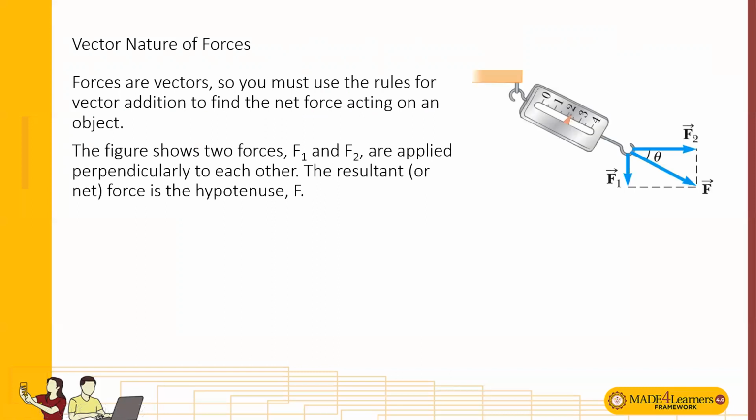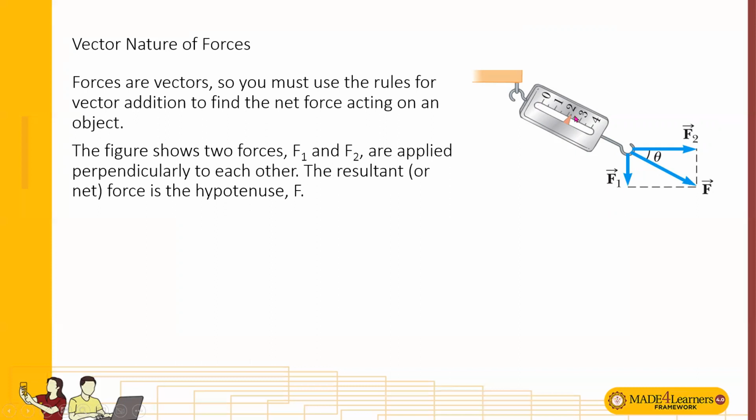In this figure, we have two forces acting on this scale, and they are applied perpendicularly to each other. We can solve for the resultant force by getting the hypotenuse of this right triangle formed using the two arrows representing the two forces.